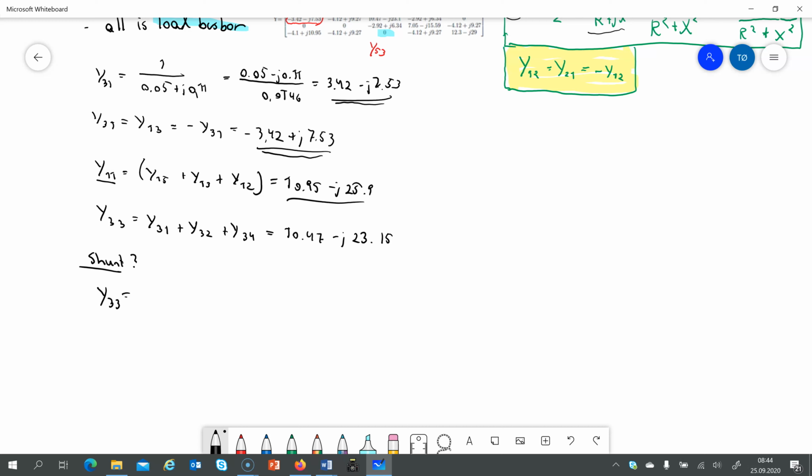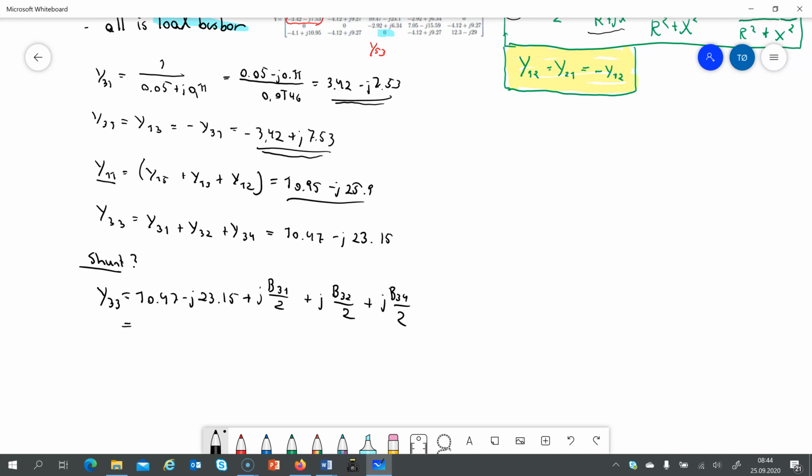Y33 equals 10.47 minus j23.15. No, sorry, now I go fast. You of course need to sum and use the pi equivalent. So it's half of the susceptance, plus j, 2 plus b34 on each line, half of it at each end of the line.